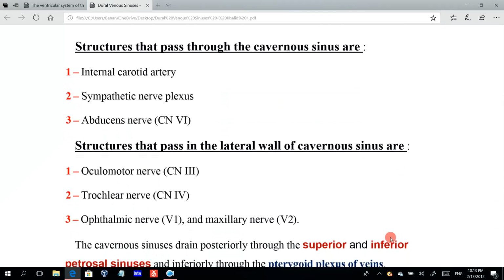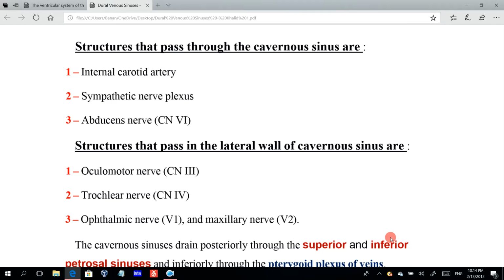The cavernous sinuses, as we said, are situated on either side of the body of the sphenoid bone. Because of its location in the middle cranial fossa, we have many structures that leave the cranium or leave the brain tissue, like nerves, or other structures that enter the cranium, like arteries, in close relation with the cavernous sinus.